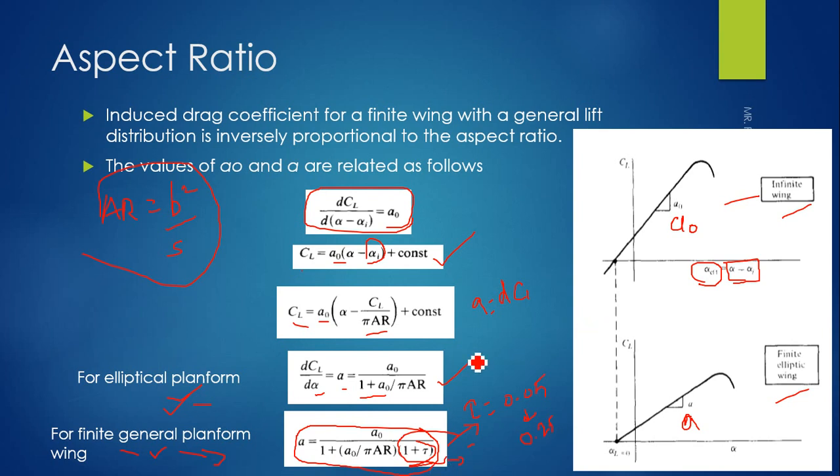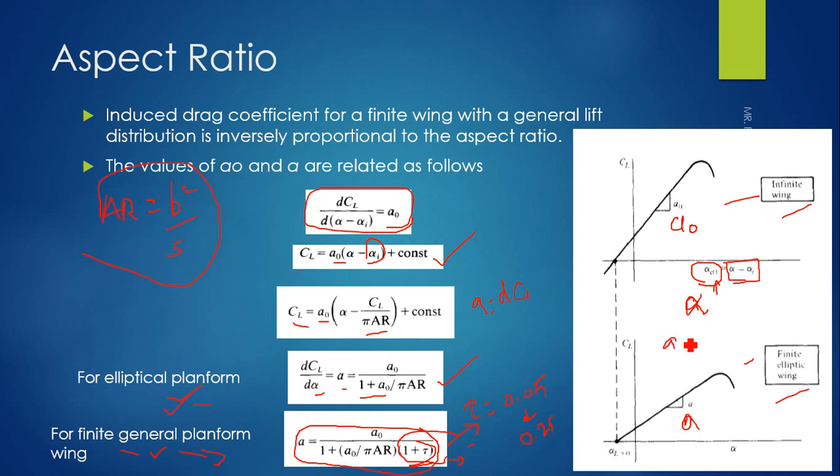But there are two conditions for this aspect ratio for infinite and finite wing. The alpha range will be extended for the finite wing, but for the infinite wing it is very less. We can see that here from the slope itself.